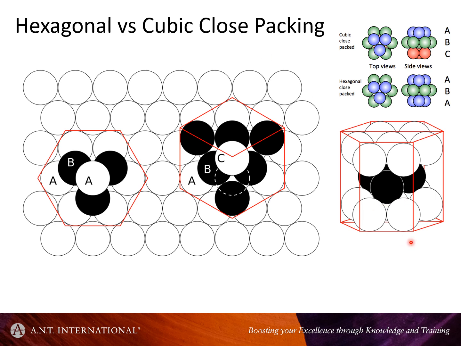So I mentioned how close packing is a way to describe the crystal structure, and what you do is you consider atoms to be spheres. It's an approximation, and any material is going to minimize its volume energy density, if you like.